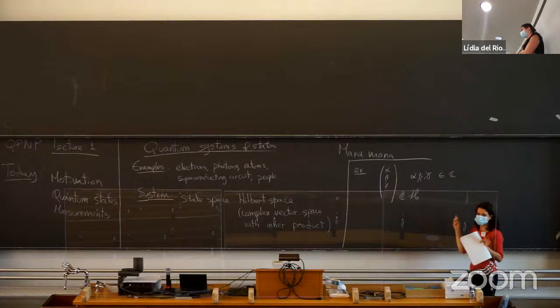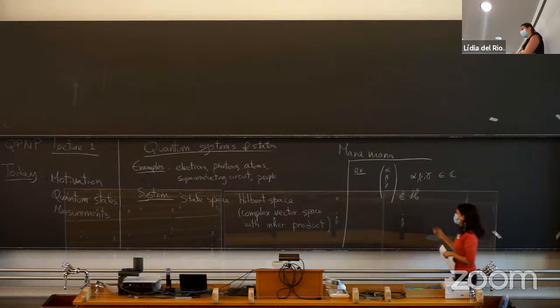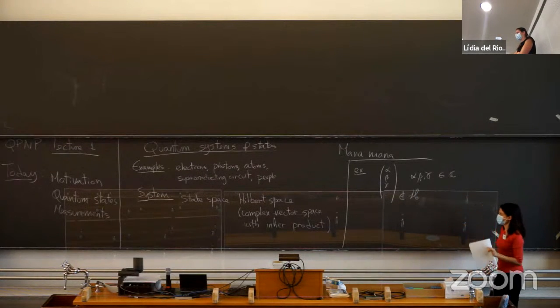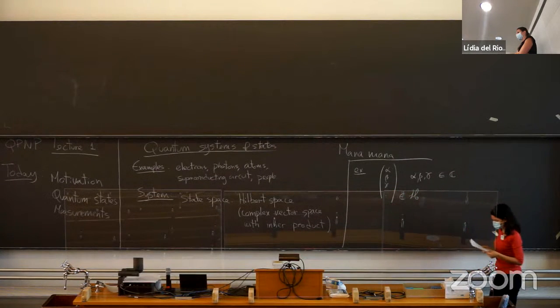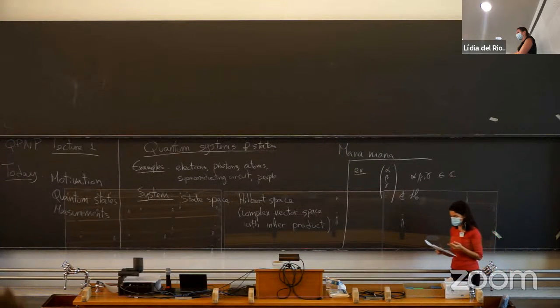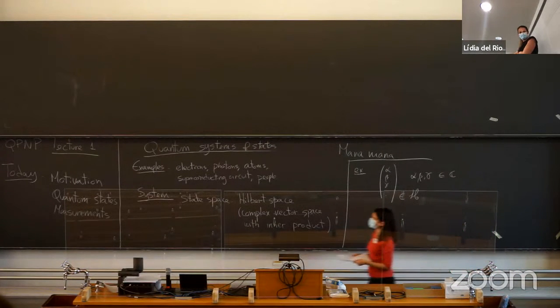And if we have several Hilbert spaces, we'll get to this later, we call it H of system A or H of system B and so on. But for now, today we only talk about a single system. Okay. So we have all these complex numbers, but now there are two cases that matter. Let's go back to our examples.